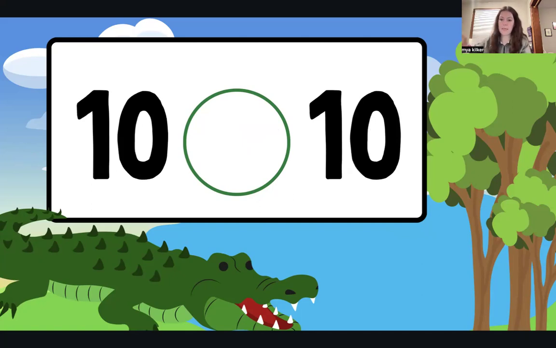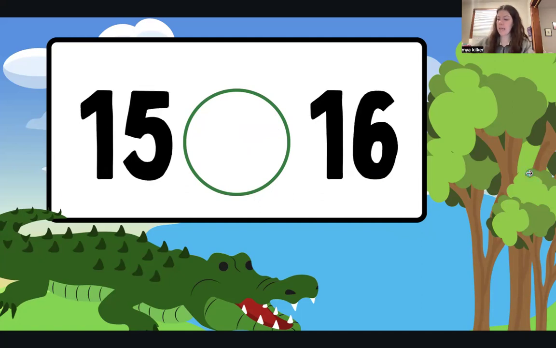So give a sneak peek of the next one. So this next one, we get to look at our tens place and our ones place. So the tens place, we have a 1 on both sides. And so you might think, oh, they're equal because they both start with 1. But that's not the case in this problem because you have to look at the second number as well. 5 is smaller than 6.